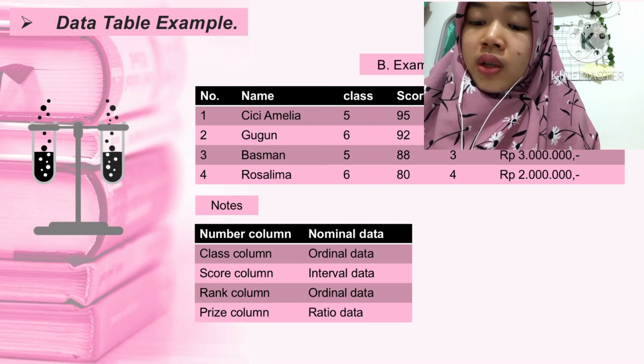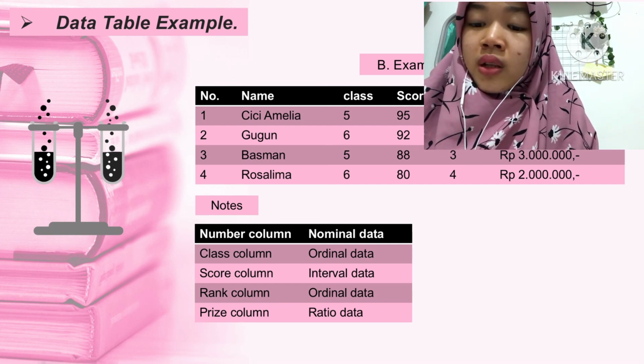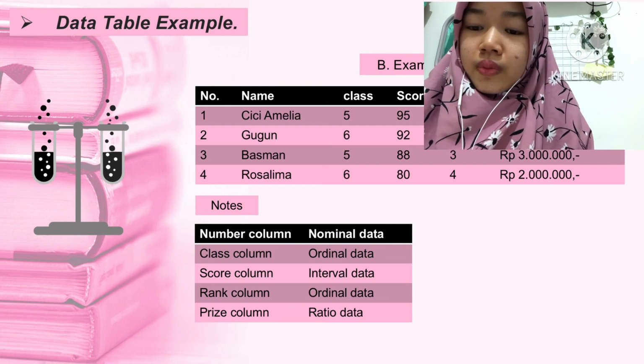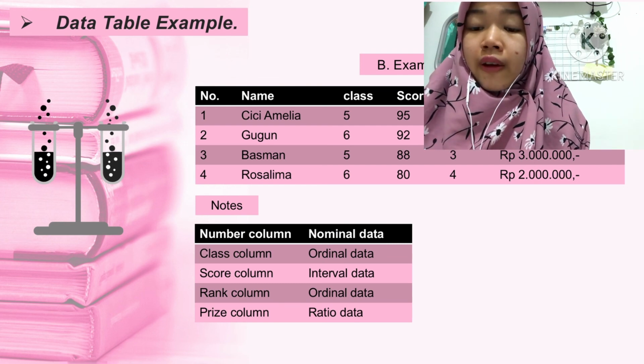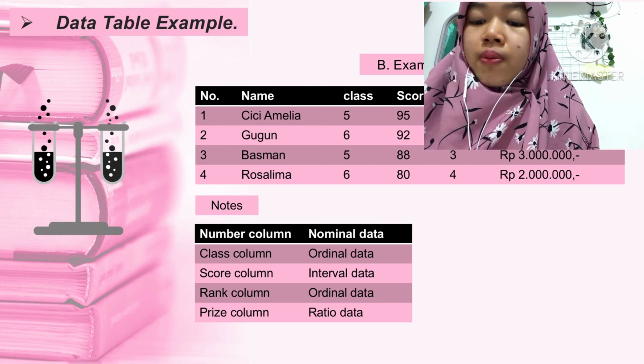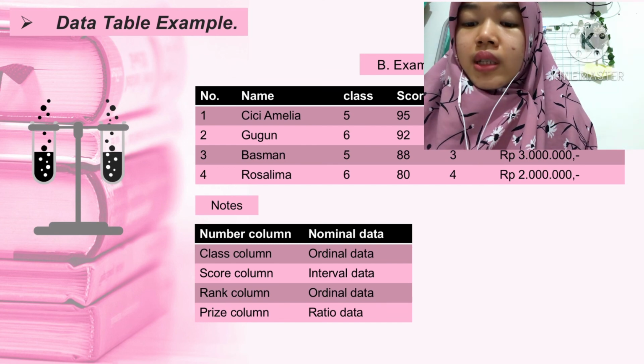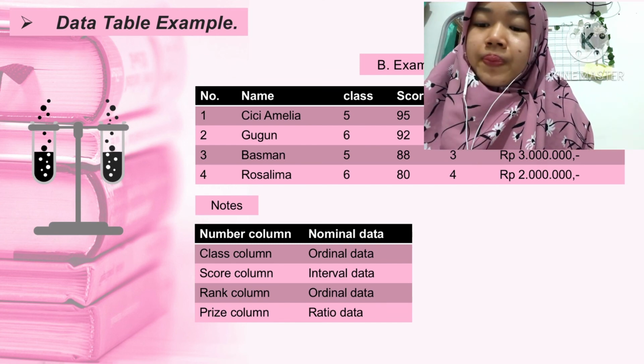The score column is levels, so it is called interval data. The rank column is levels and order also, so it is called ordinal data also. And the price column is rankings, so it is called ratio data.